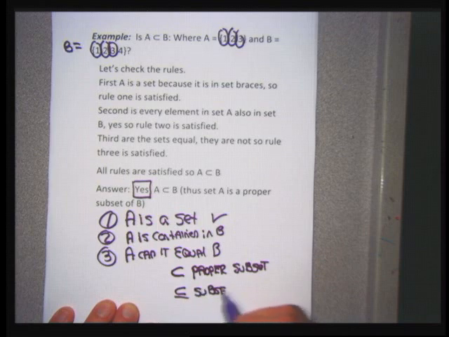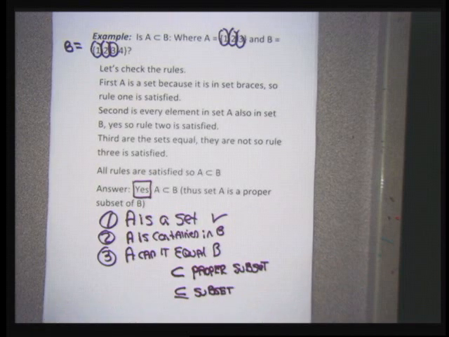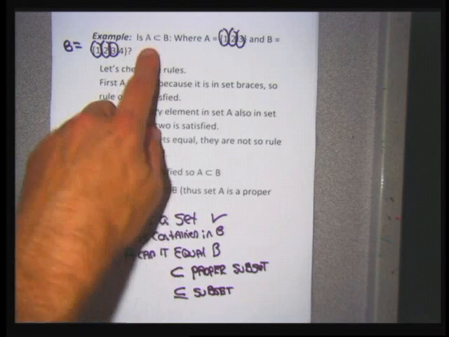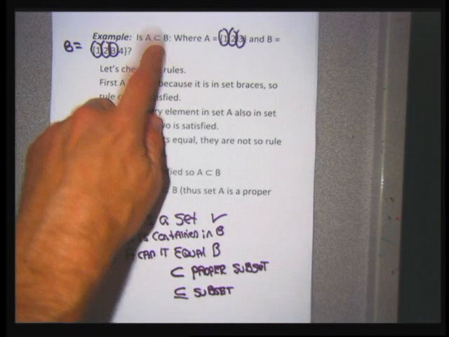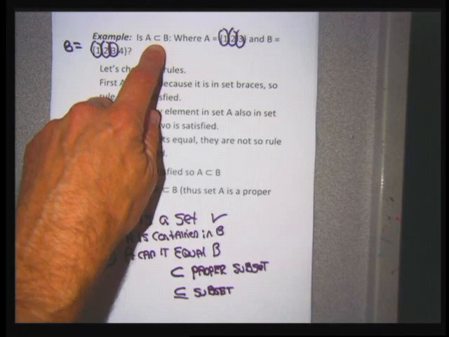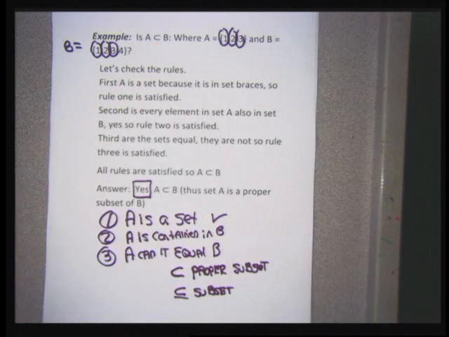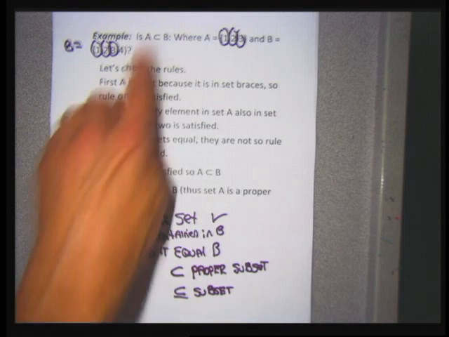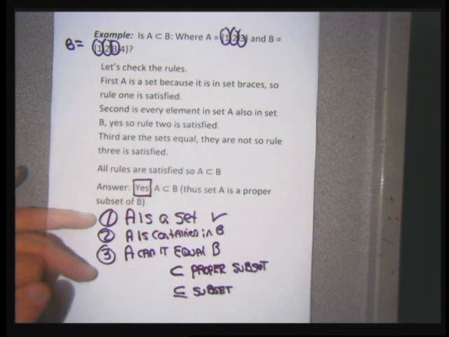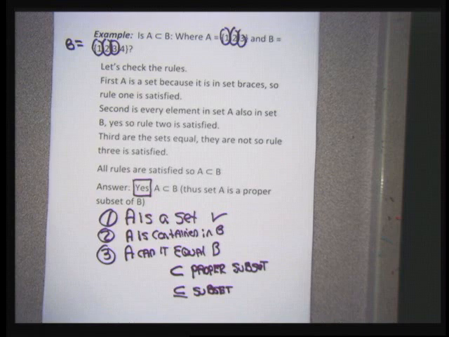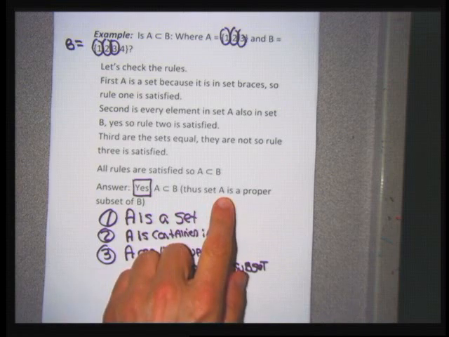I need to be really consistent so you can be consistent. It is true that A is a subset of B, but it's also true that A is a proper subset of B. And here, I'm checking to see whether A is a proper subset of B. And I need to just really, really buckle down and not lead you down any wrong paths. So in this question, when I see that symbol as a proper subset of B, there's 3 tests that I need to do. Did all 3 tests, so when I write my answer, A is a proper subset of B.